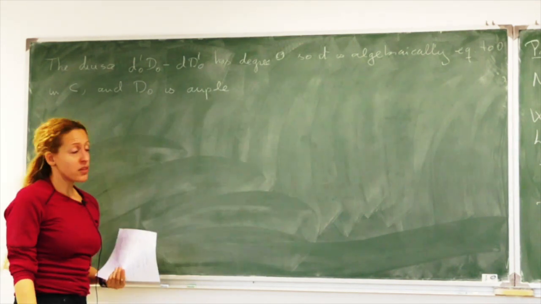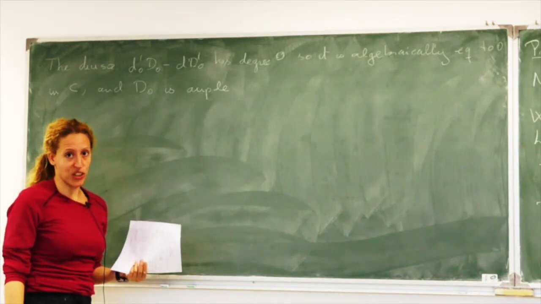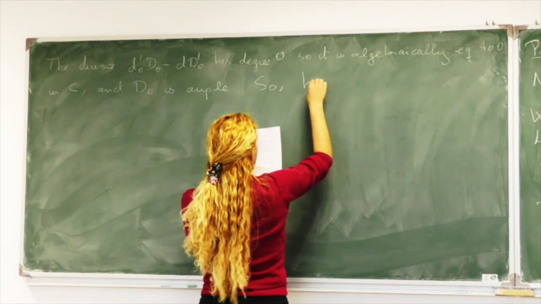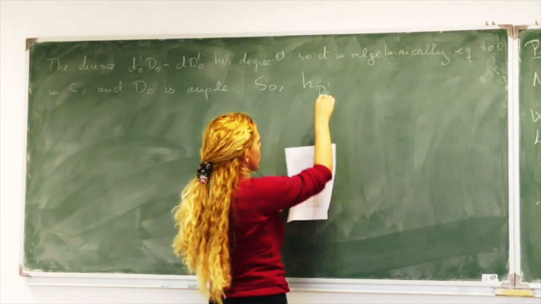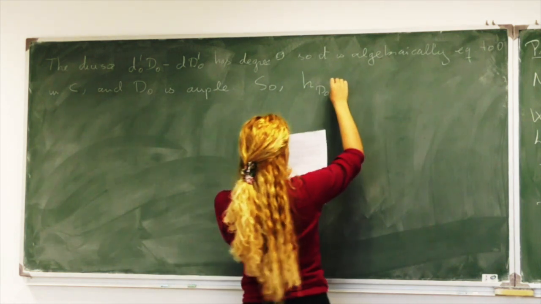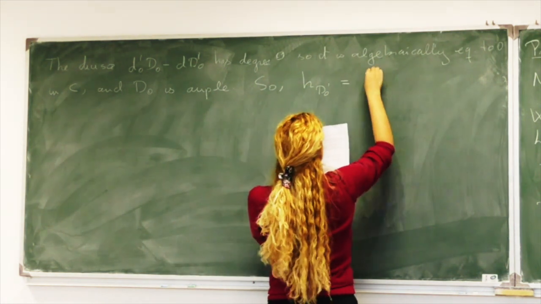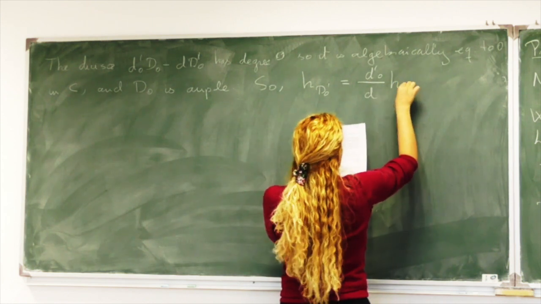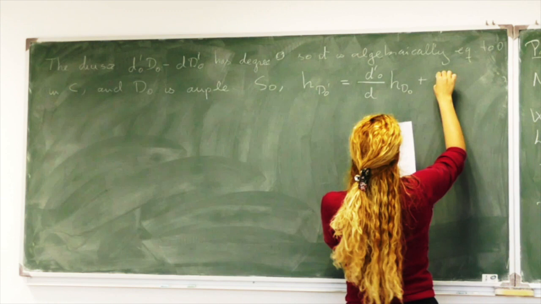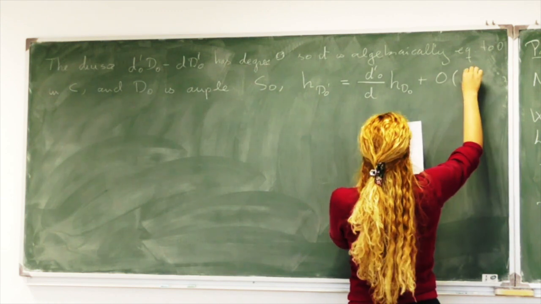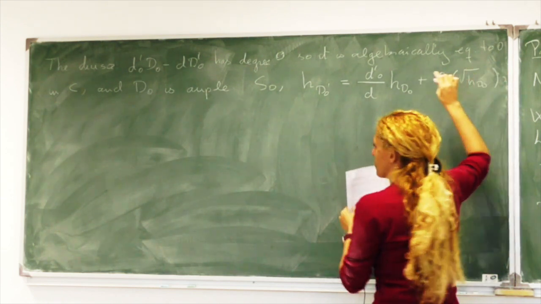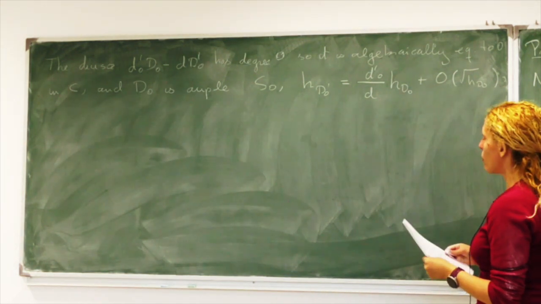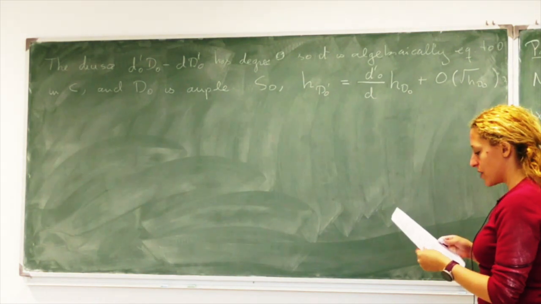So we can use the Weil height machinery to have that the height associated to this divisor d0 prime is equal to this, of course, up to a constant. If I remember correctly, I'm not sure, but I think that this is lecture 2 where we proved those results. Okay, so we have this equality.